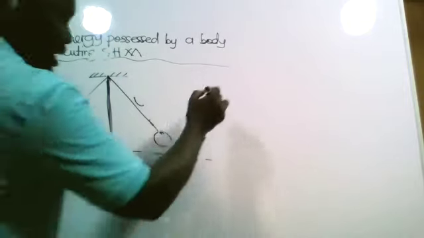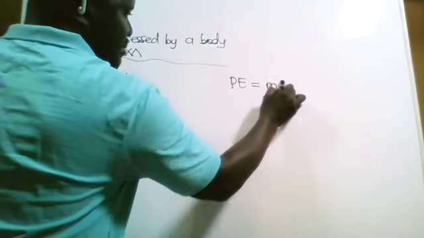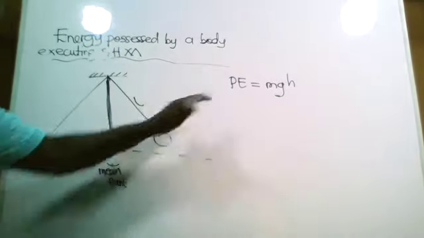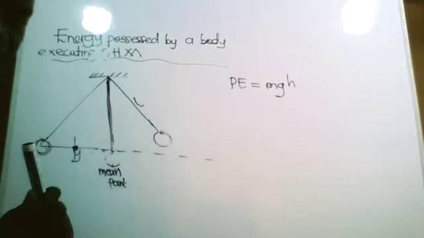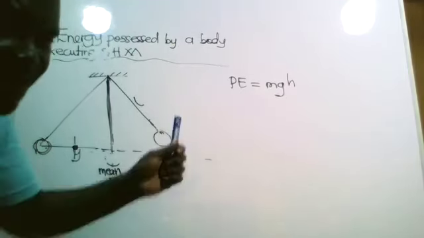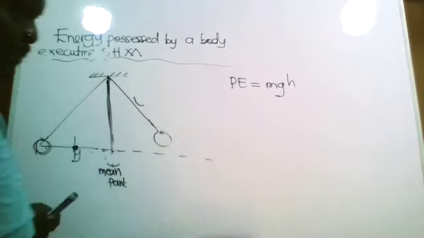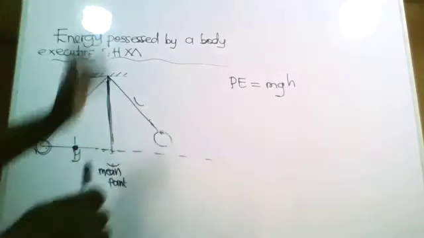We know potential energy P is equal to mass times gravity times vertical height h. Potential energy depends on gravity, so this is actually called gravitational potential energy, because we have another form of energy which we'll talk about. So the gravitational potential energy possessed by a simple pendulum is given by its mass times gravity times the vertical height covered.